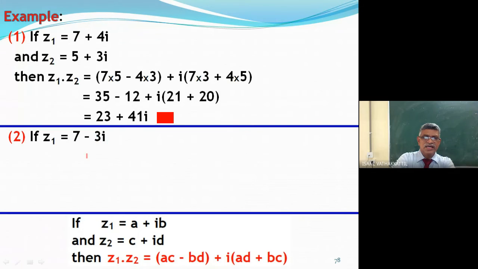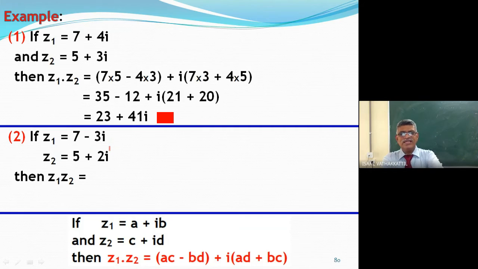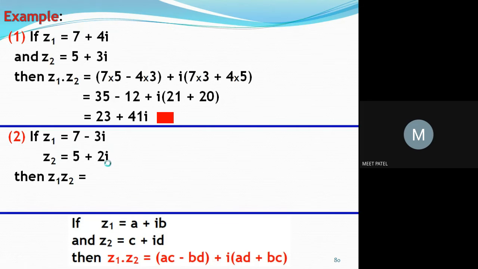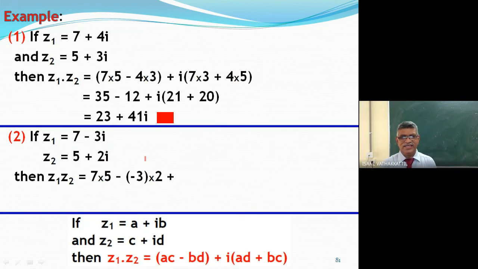Another example: Z1 equals 7 minus 3i, Z2 equals 5 plus 2i. What is Z1 Z2? Who will tell me if I wait, say, 20 seconds? What is the product Z1 Z2? Everything is here. Calculate and tell me. AC is 35, sir.